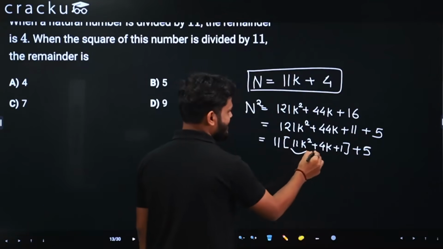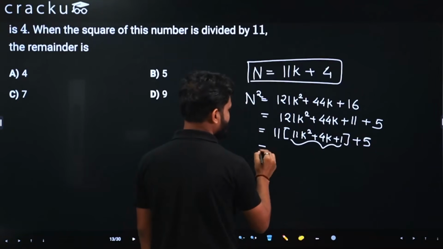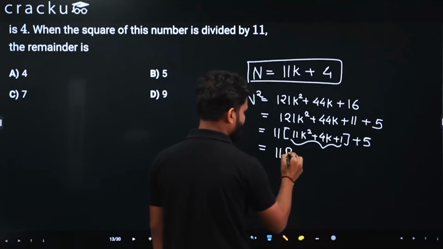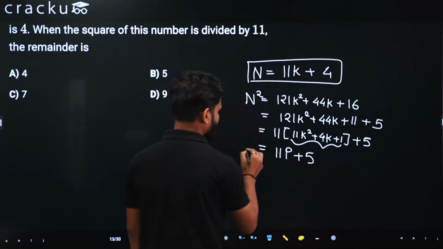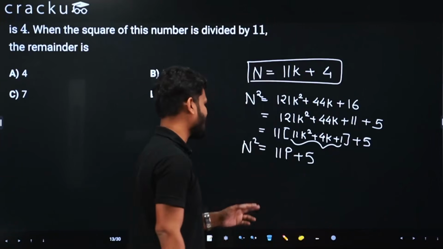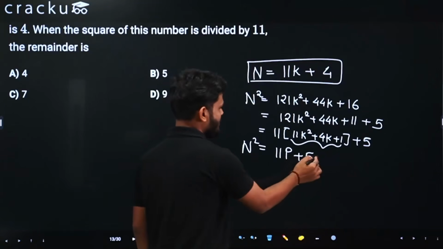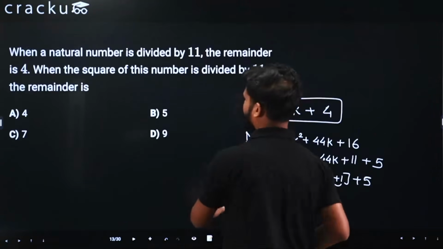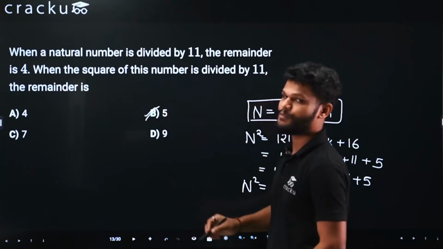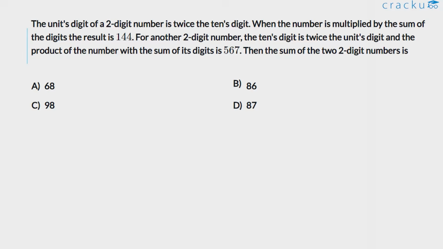Now this is some natural number, so let us say this is p. This is 11p plus 5 and this is n square. So again, dividend is equal to divisor into quotient plus remainder. The remainder in this case is 5, which is given in option B. So option B is the correct choice.